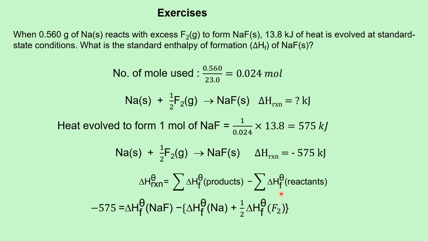So this will be 0 also. With 0 and 0, you will get that the enthalpy of formation for sodium fluoride is equal to the enthalpy of reaction. This means the value will be negative 575 kilojoule.